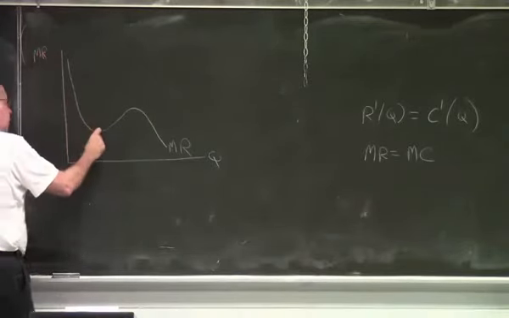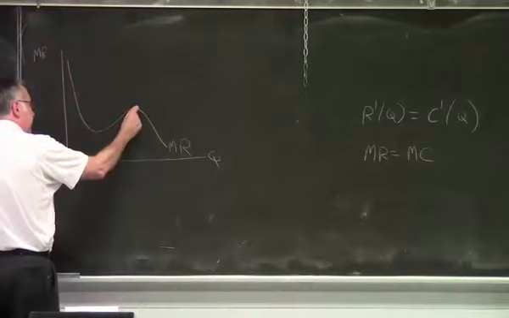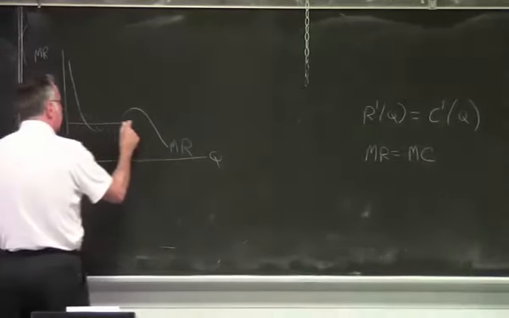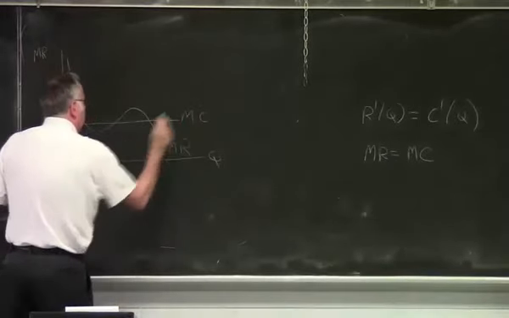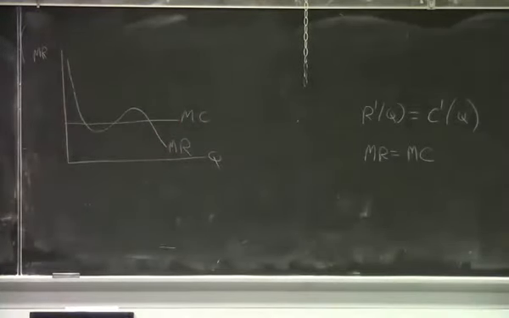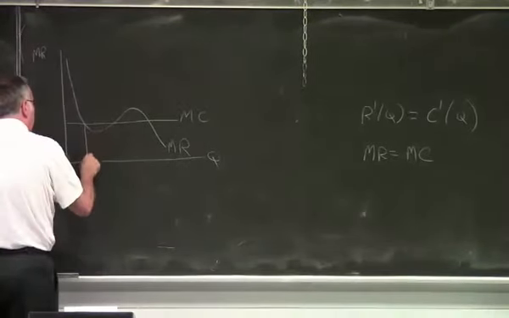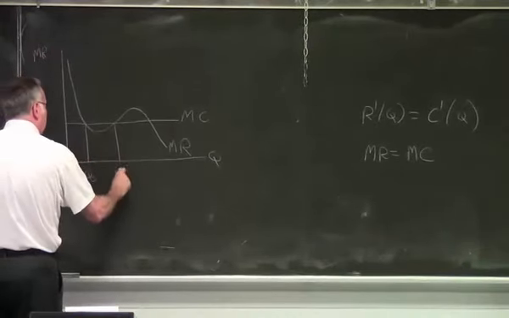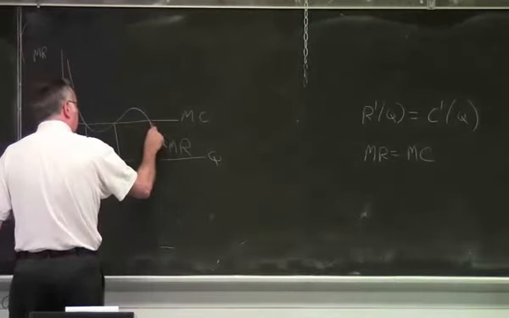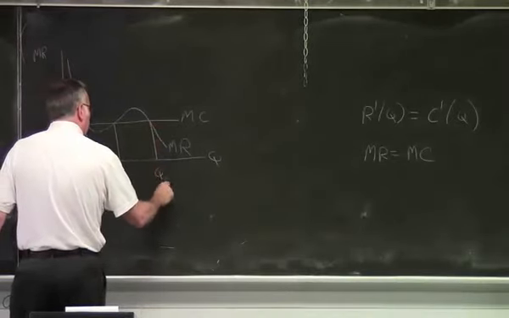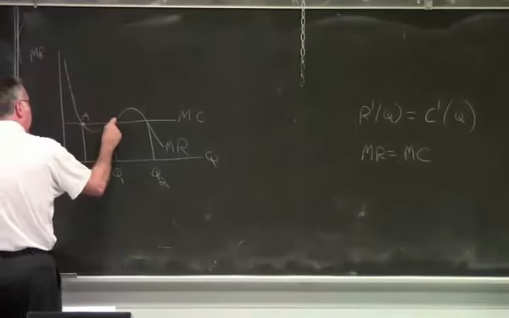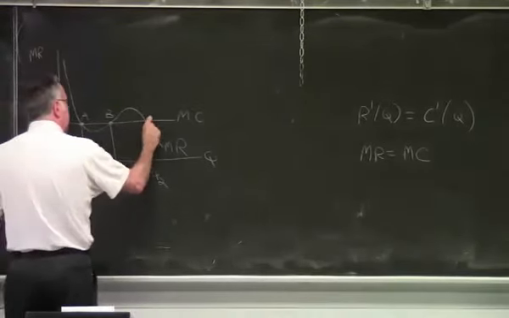But then there's a stretch here where it rises, then it peaks and then falls. Notice in this case, if you had a marginal cost curve that looked like this, marginal revenue would equal marginal cost at three places: here, here, and here. Let's label these three points A, B, C.